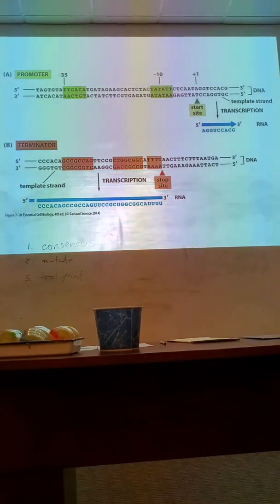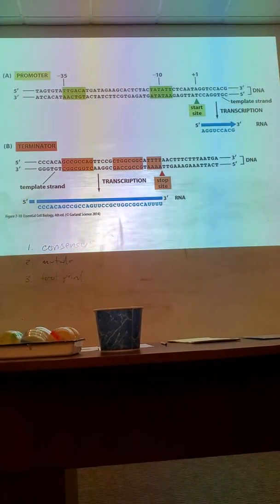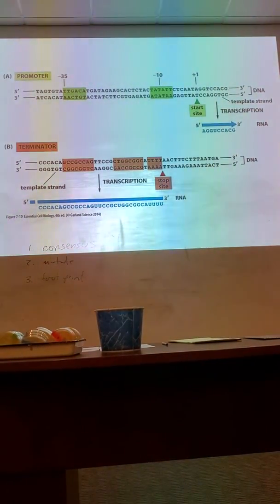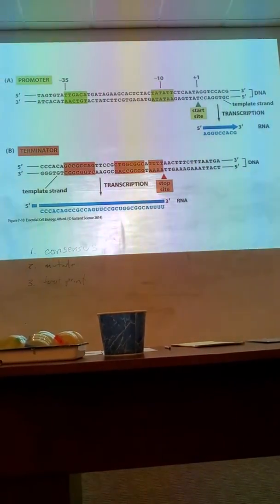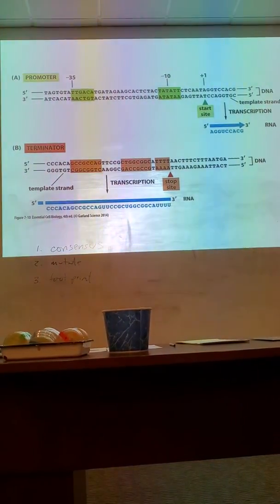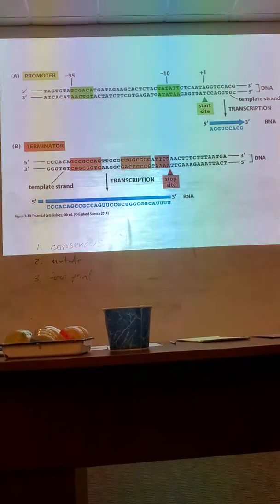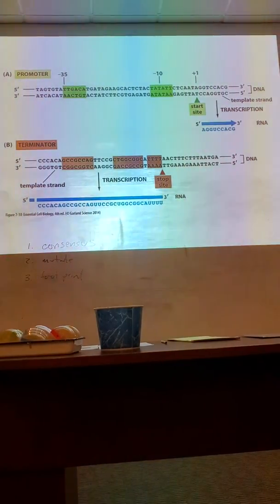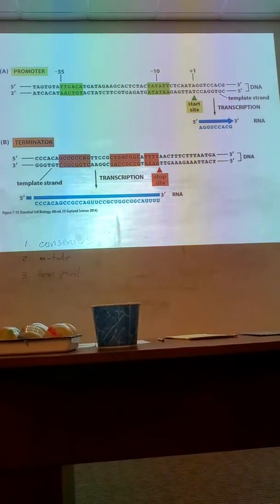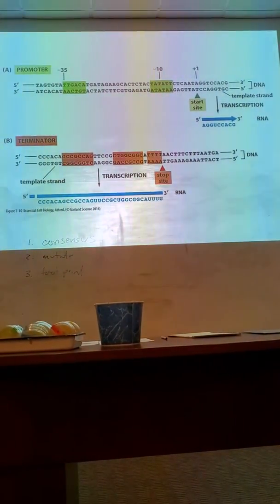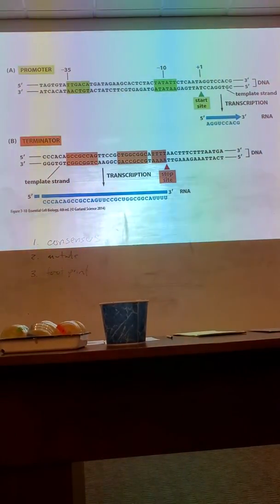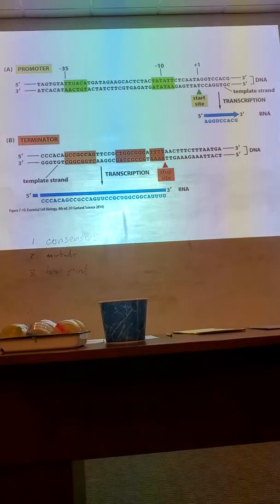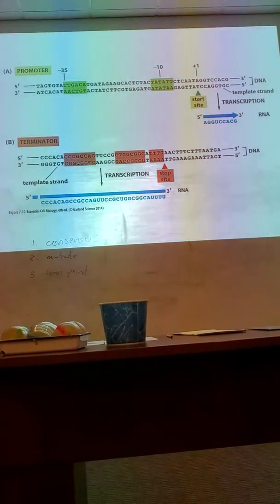To see if that's true, I throw in an exonuclease. So endonuclease cuts DNA in the middle at a particular site, if it's a restriction endonuclease that we're familiar with. An exonuclease will just nibble away at the ends. So I throw the exonuclease in, and it will nibble away at all the double-stranded DNA that's in there, except the double-stranded DNA to which sigma protein is bound. Sigma protein makes a footprint. It covers up the DNA so it can't be digested. So that's usually the third thing that happens.